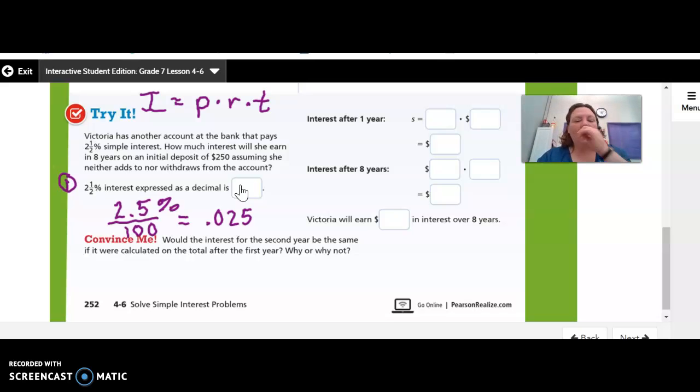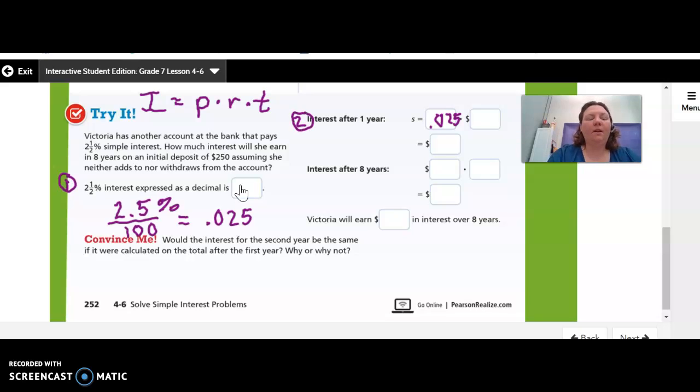Okay. So now we're going to fill in, and we're going to find the interest that we would make on 1 year. So first I'm going to take my interest as a decimal, 0.025, and I'm going to multiply that. So here's step 2.